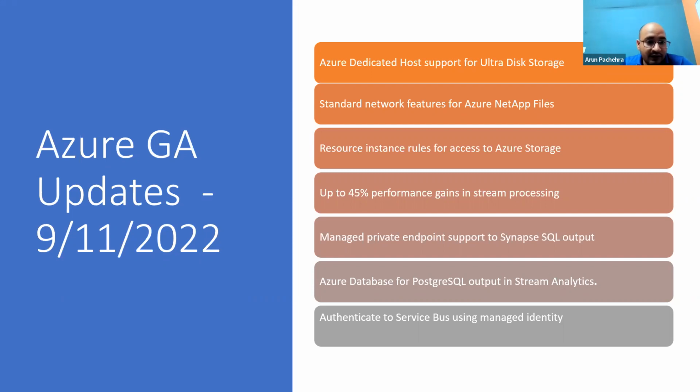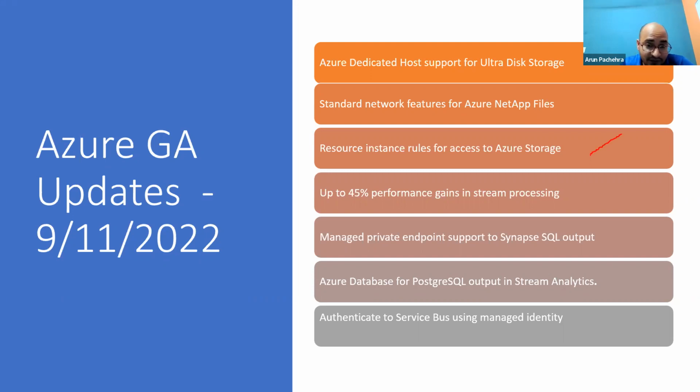Now, the third one is resource instance rules for access to Azure Storage. Okay. Now, Azure Storage provides a layered security model that enables us to secure and control access to your storage account. We all know that. We can configure network access rules to limit access to your storage account from selected virtual networks or IP address ranges.